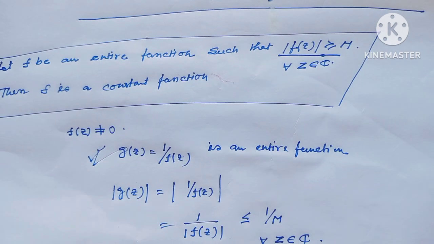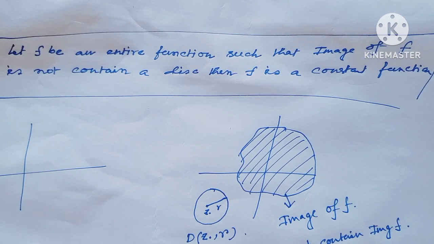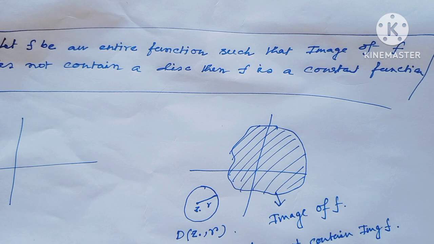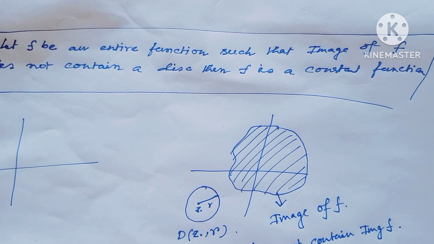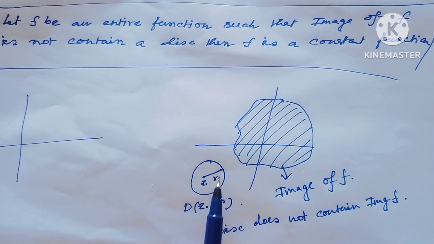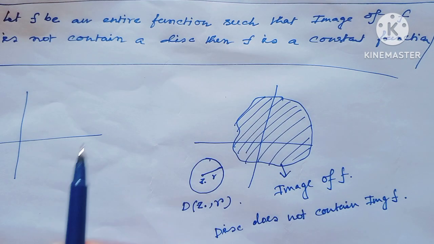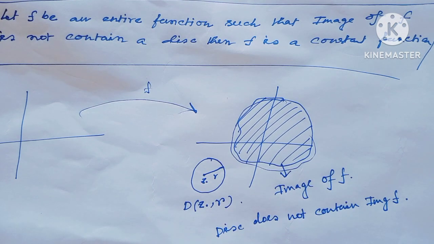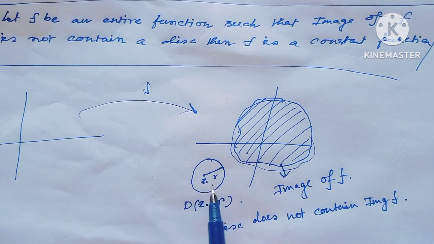Okay? Second, let f be an entire function such that the image of the function does not contain a disk, then that implies the function is a constant function. That means the disk is of this type, because the image of the function is this. This is the image of the function, and this is the disk.